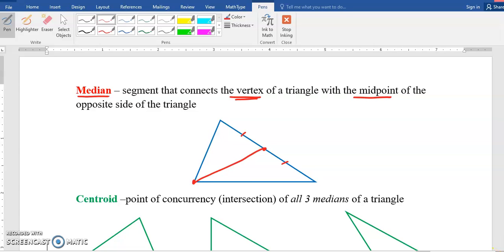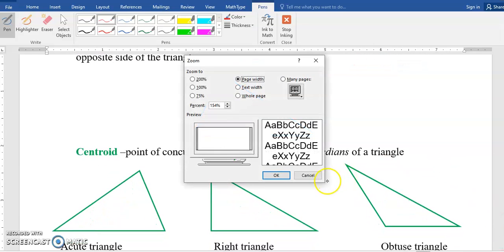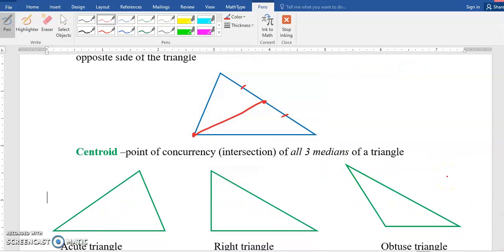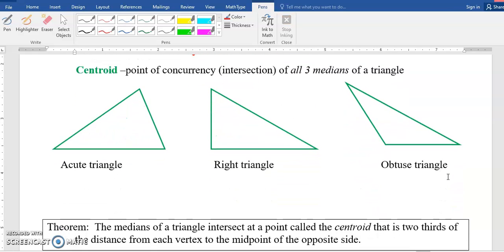So just like circumcenter and incenter, we can do all three medians in a triangle, and we're going to do it again with all three types of triangles. Let's use blue. From a vertex, if I go to the midpoint of the opposite side, I have a median.